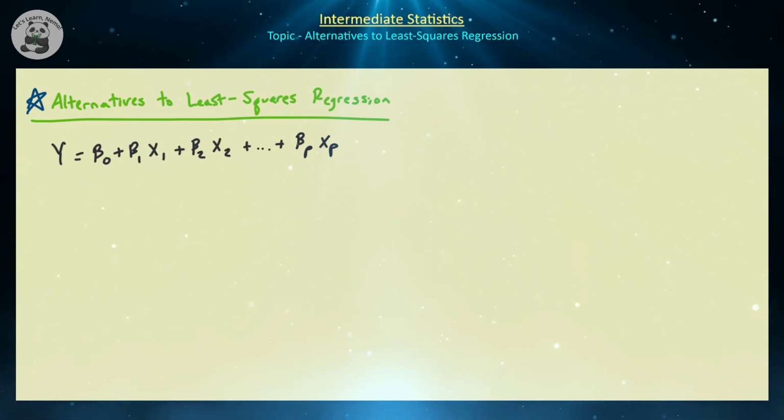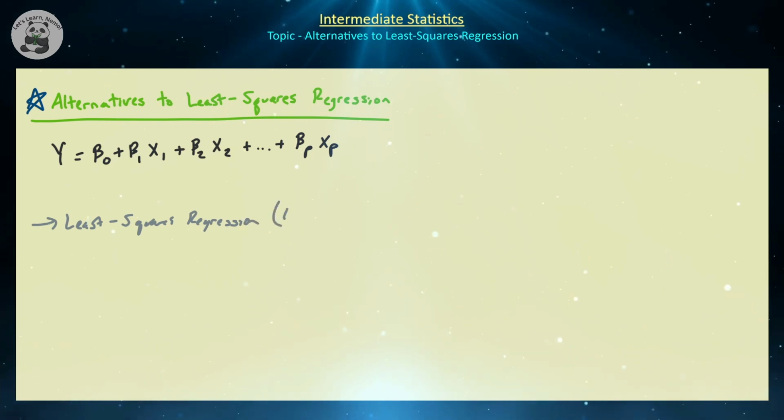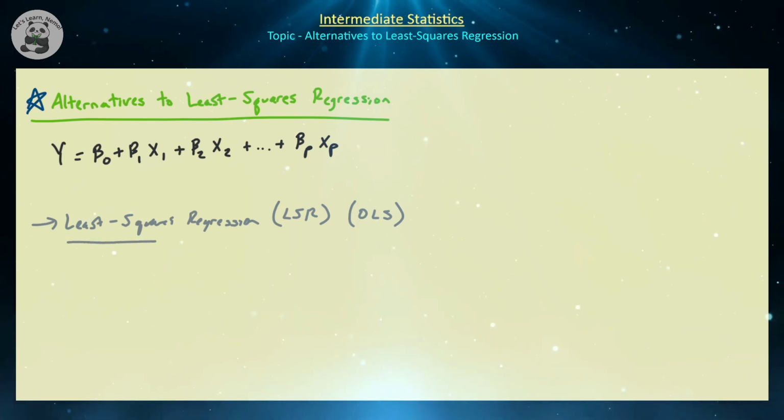So let's just briefly go over what least squares regression actually does. The least squares regression model, which I'm just going to abbreviate as LSR, and some people will use ordinary least squares to denote the same exact model, and it's perfectly fine if you do that.